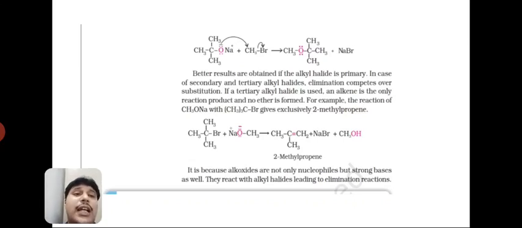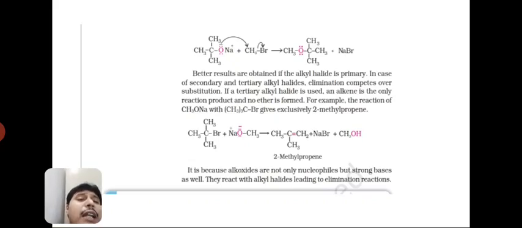When a tertiary alkyl halide is used in this Williamson synthesis, you can see, student, that only alkene is formed. So basically a good yield is only possible if the alkyl halide is primary. If secondary or tertiary, then it is not so suitable, and if tertiary, then directly only alkene is the main product; ether is not going to form.